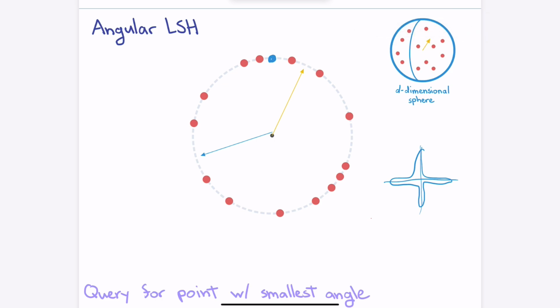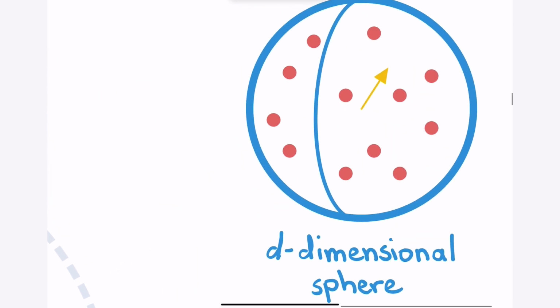And then you project all the points onto this direction. Some of them are going to have a positive projection onto it, and others like these will have a negative projection.